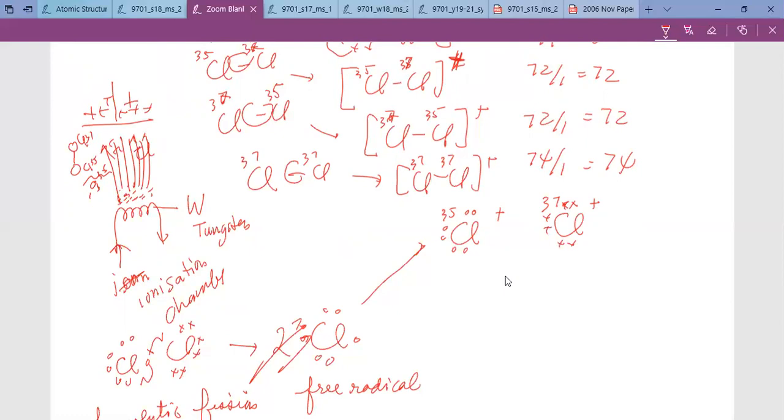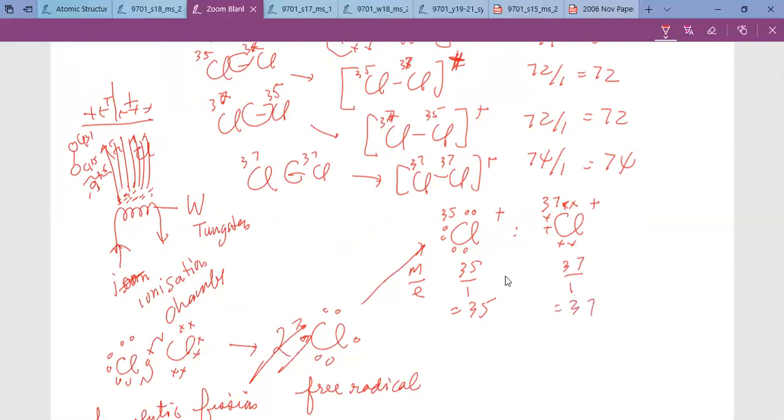Now, they found out the mass, or the M over E here. E is 1, so it's 35 over 1, which equals 35. It's in AMU, no units here. And 37 over 1 is 37.